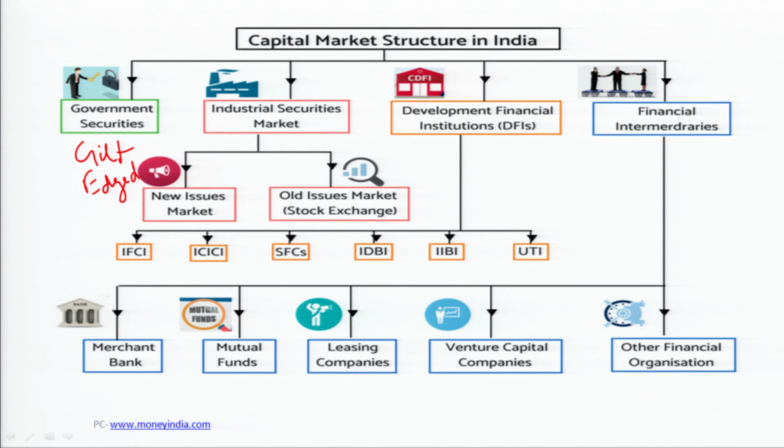The next, that is the old issue market or stock exchange. Here there is the secondary market, which includes the trading procedures by investors, who can be institutions or the general public as well. It is also known as the aftermarket or secondary stock market.